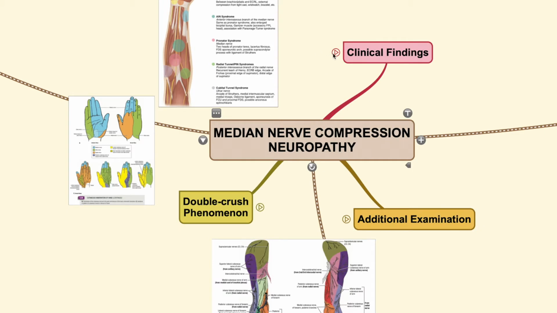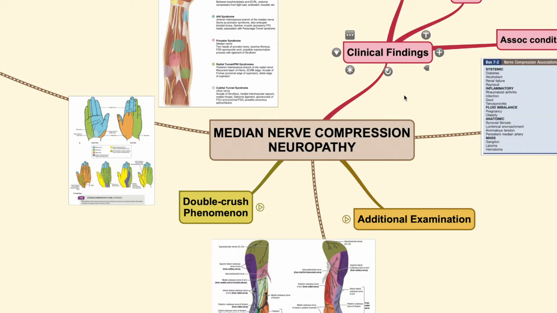The first thing about compression neuropathy is that you need to know it is actually a nerve problem that is caused by, well, simply put, compression. So there has to be a force that compresses on the nerve long enough and in a huge enough magnitude to cause symptoms in a normal human being.